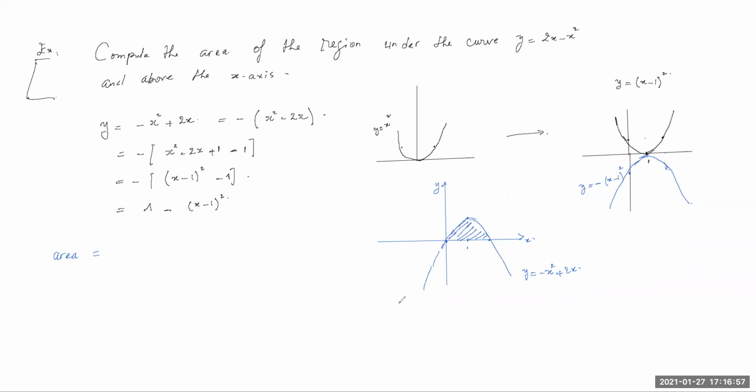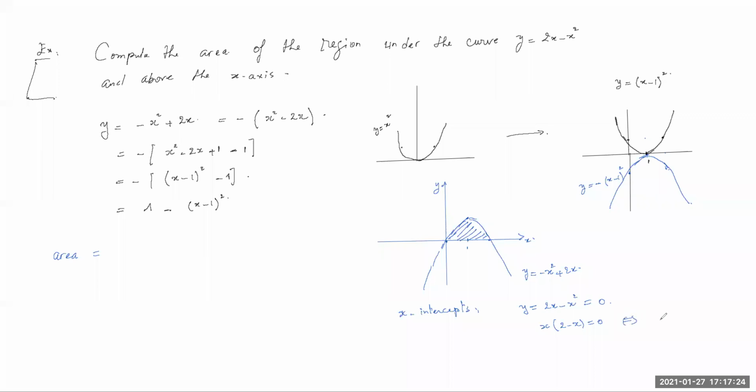To find the endpoints, we would have to find the x-intercepts, right? Yes, yes. So let's find the x-intercepts. They are the solutions of y equals 0, so 2x minus x squared equals 0. Here we can factor the expression: x times (2 minus x) equals 0.